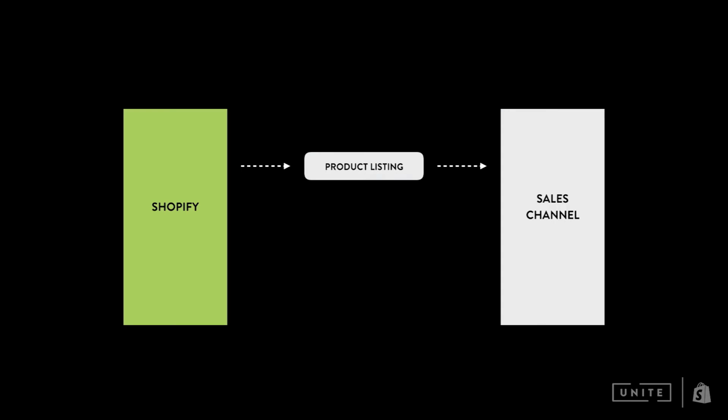They can click this Facebook checkbox, and when that happens, we have a Facebook channel. We implement it as an app, and we worked with Facebook to get all of this working. And when that happens, when the merchant clicks that checkbox, product listings end up going from Shopify to the sales channel.